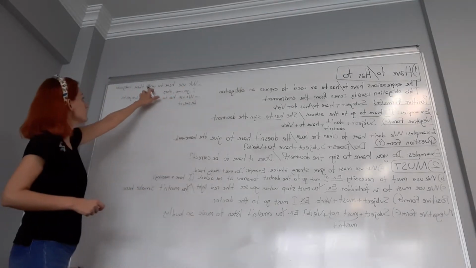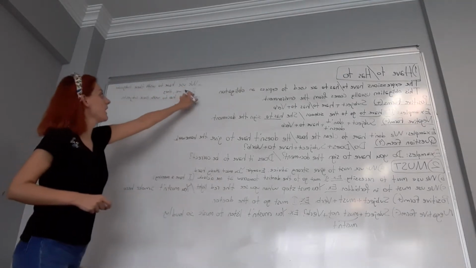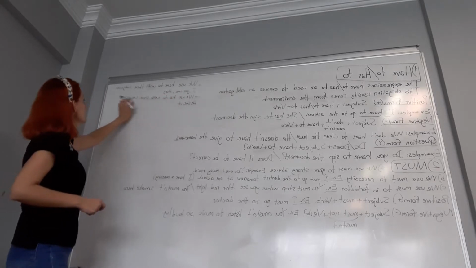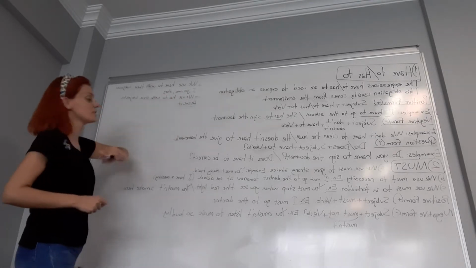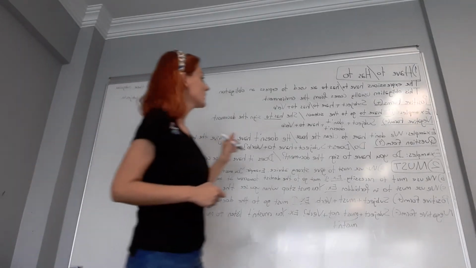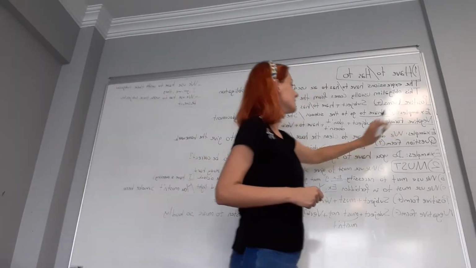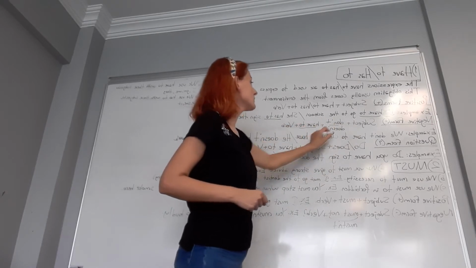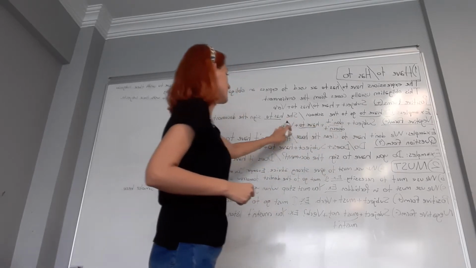We use have to with this subject: I, you, we, they. We use has to with this subject: he, she, it. Negative form: subject plus don't have to, doesn't have to, plus verb.